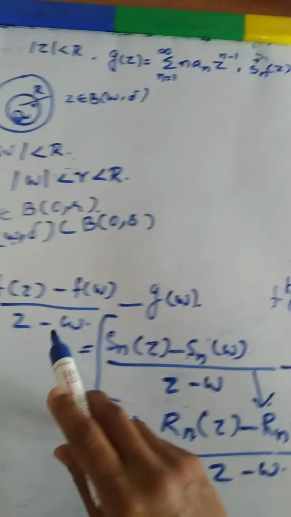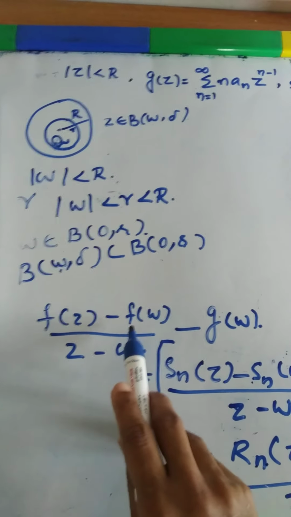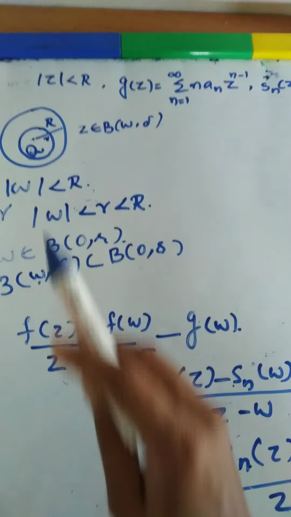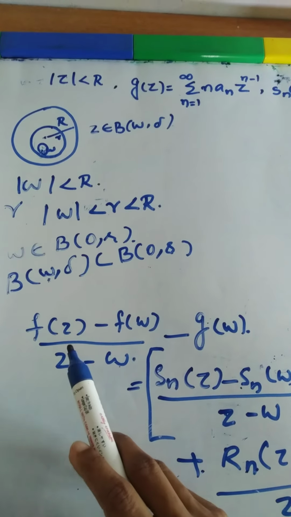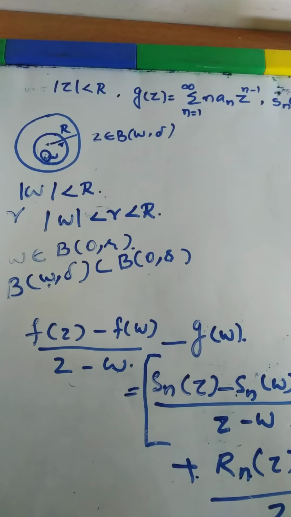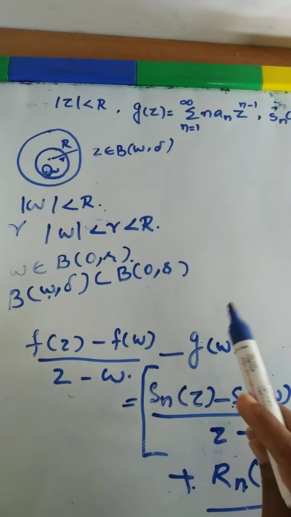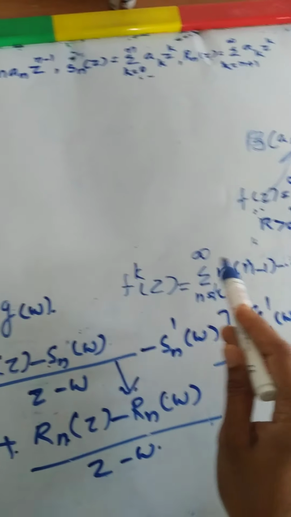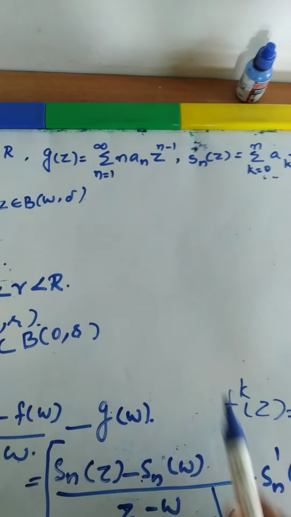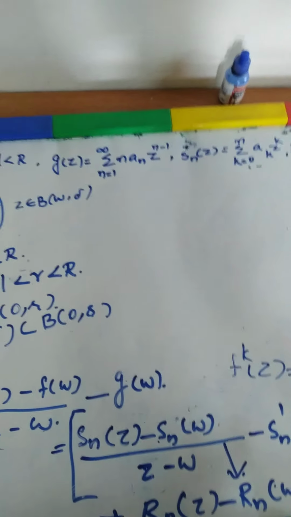To prove that, we take f of z minus f of w divided by z minus w. You take w from BAR, and we will show that f is differentiable at the point w, and the derivative f dash of w is of the prescribed form. This form means you compare with the sum from n equals 1 to infinity of n an z raised to n minus 1.